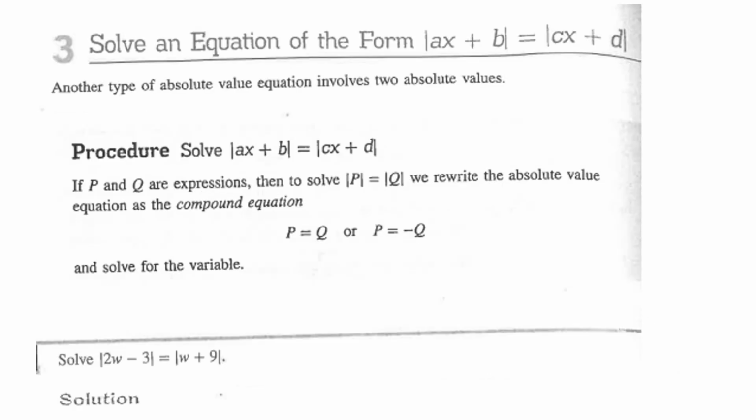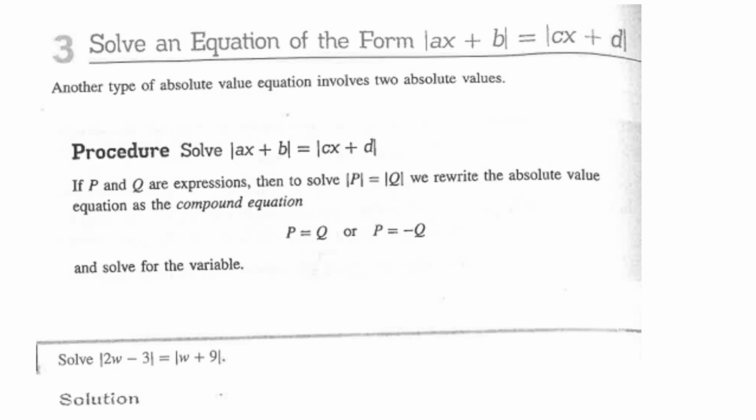We now move on to solving an equation that has absolute values on both sides. We're going to be solving an equation of the form absolute value of ax + b is equal to the absolute value of cx + d. And this is another type of absolute value equation that, again, is going to involve two absolute values.